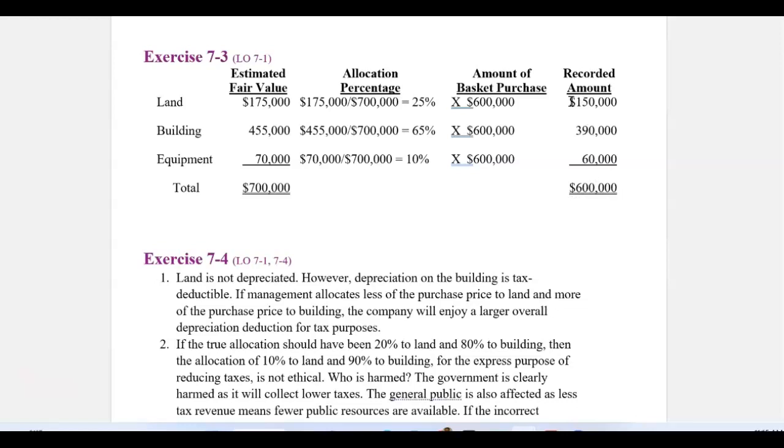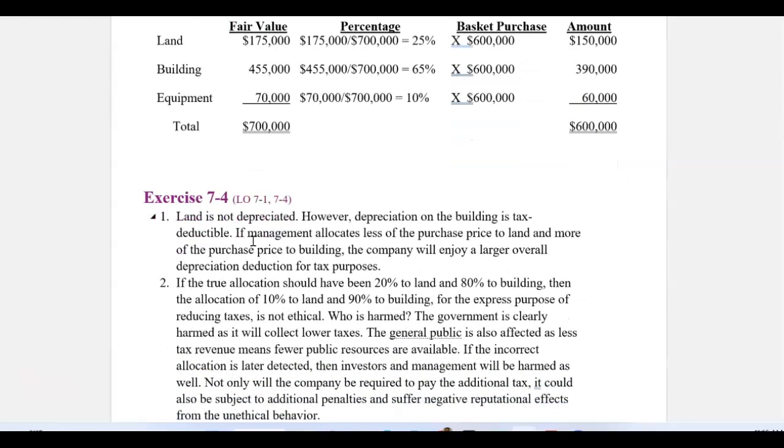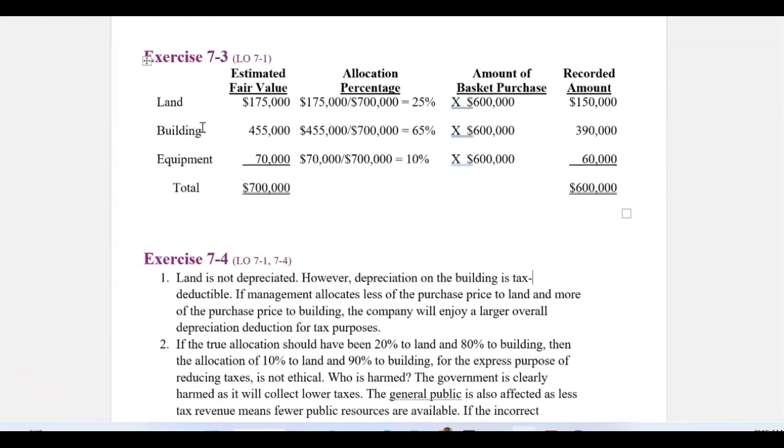But we know now how much goes into land and building and equipment. Before we go to exercise 4, remember, land will not depreciate, building and equipment will depreciate based on your estimated depreciation time.